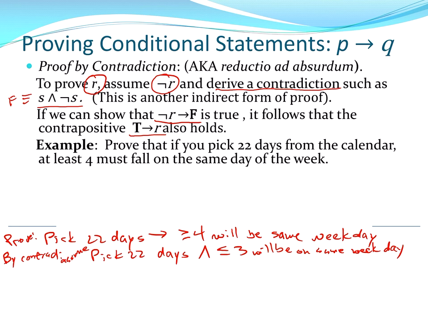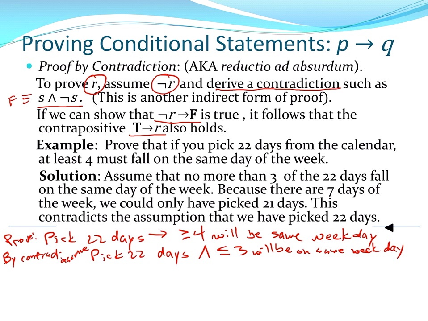Well, what happens when we do that? Let's go ahead and build out the solution. We're going to assume that we pick 22 days and that no more than 3 of them fall on the same day of the week. Well, the problem with that is if no more than 3 fall on the same day of the week, the most we could pick is 21 days.